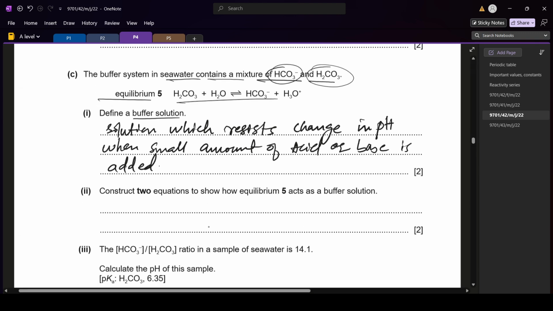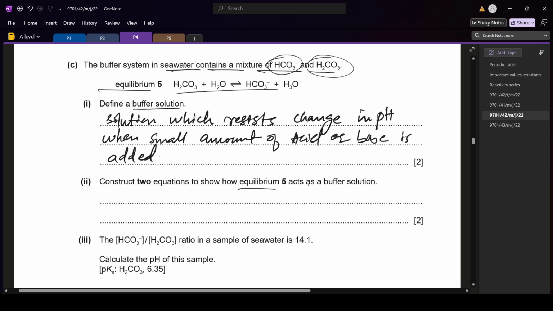Construct two equations to show how equilibrium 5 acts as a buffer solution. So I will react this equilibrium 5 with acid and base. When this hydrogen carbonate ion reacts with H plus, because in acid we have H plus ions, it will form H2CO3.